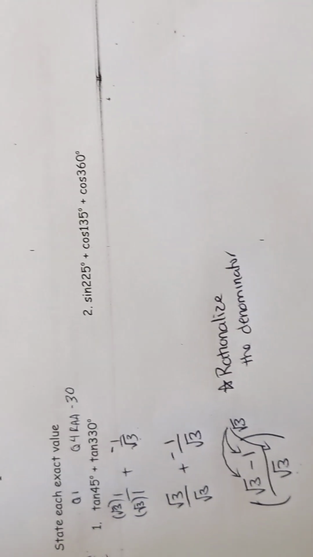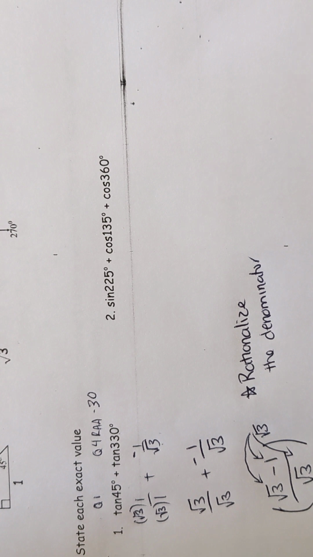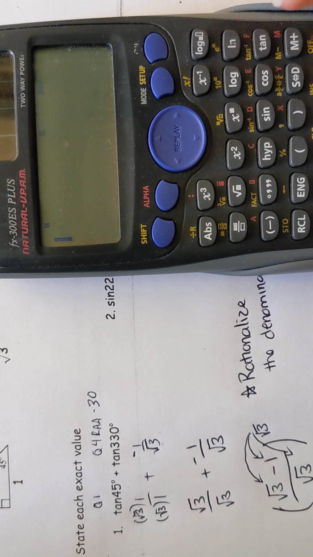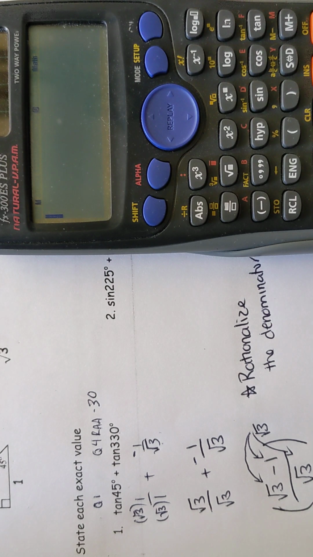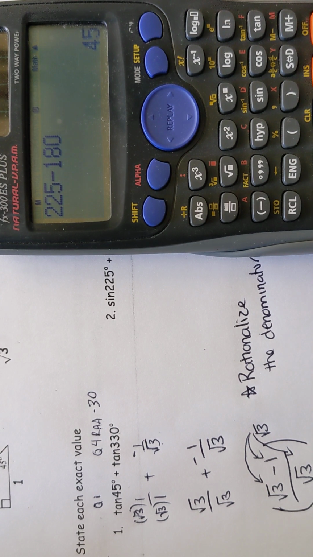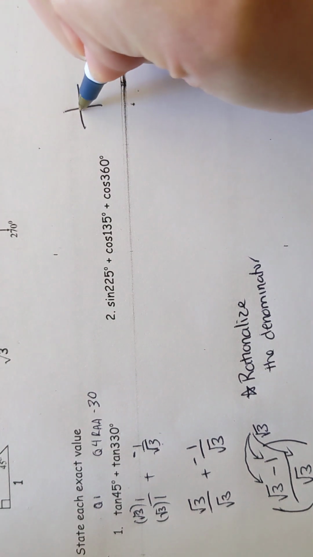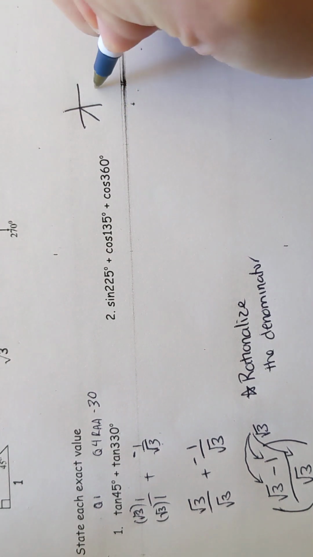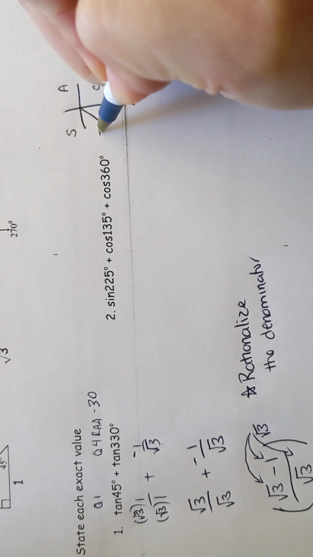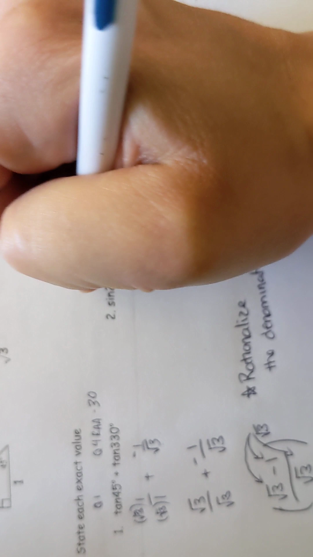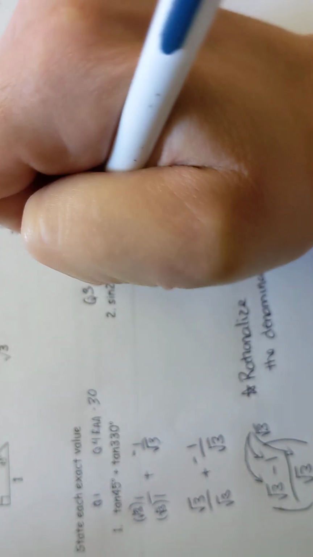All right, let's try another one. Sine of 225. Well, I know that sine of 225 is greater than 180, but I'm just not sure how much. So I'm going to go 225 minus 180. Oh, that tells me it is 45. And so I'm going to just draw that in here. So this is a 45, and it is in quadrant 3.